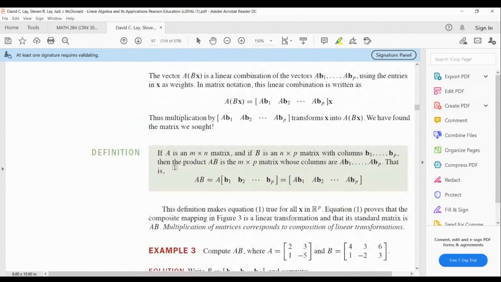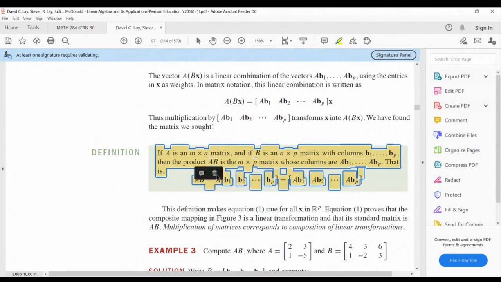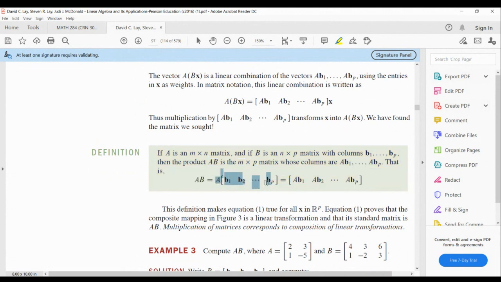I want to get to this definition here. Now this is something that's interesting. If A is an m by n matrix and B is an n by p matrix, and B has column vectors b1, b2 up to bp, then the matrix product AB can be represented as A times the matrix B, where you write the matrix B as its column vectors, and that will equal the matrix whose columns are given as A times vector b1, A times vector b2, and so forth.